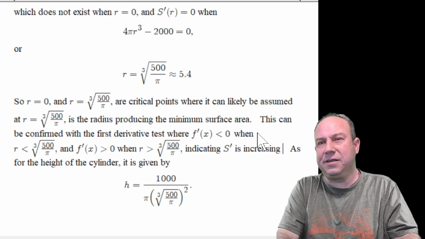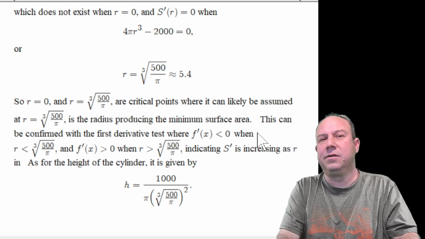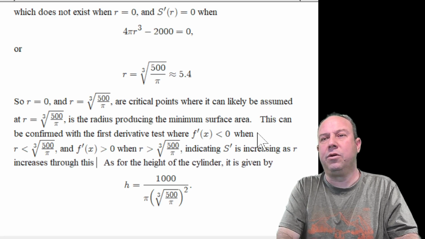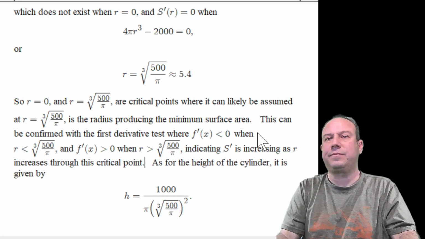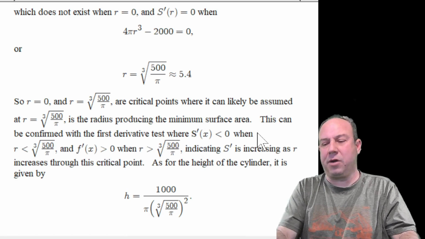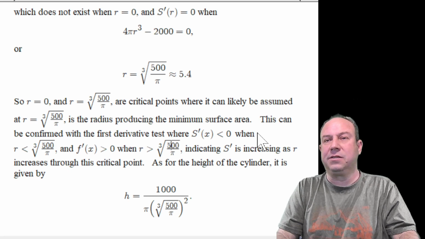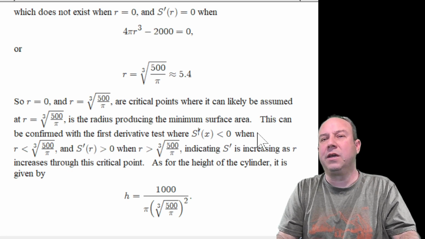Is increasing as r increases through this critical point. Let's say it that way. And this is not f prime. Again, we're talking s prime. Is less than 0, and it's not at x. I was going general with that definition. We're looking at it at r here.